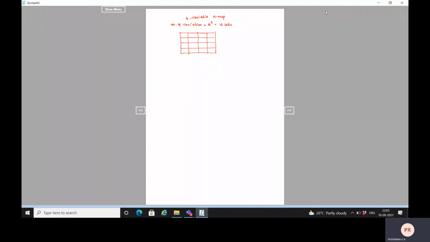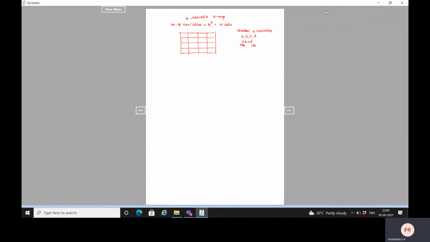The question arises now, how do these cells, which can be filled with minterms or maxterms, get their values? For this, consider 4 variables. In our example, let me consider the 4 variables as A, B, C, D, in which A represents the MSB and D represents the LSB.